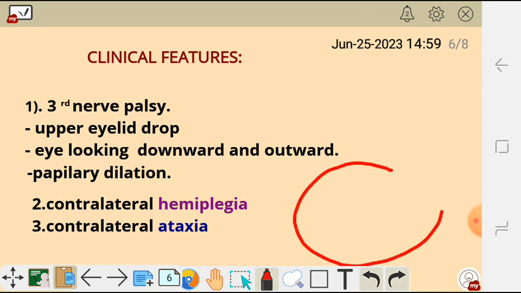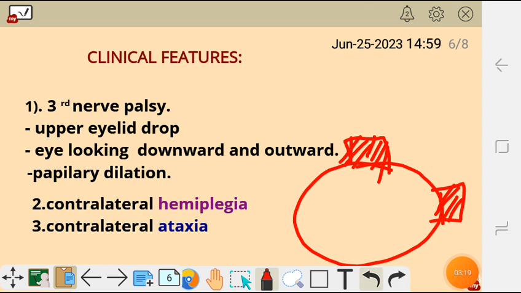So we have our eyeball here. We have the extraocular muscles, which are innervated by the oculomotor nerve. We have the superior rectus muscle, then this side the medial rectus, and then the lateral rectus this side.